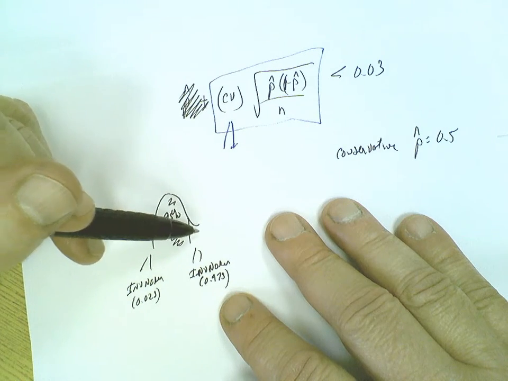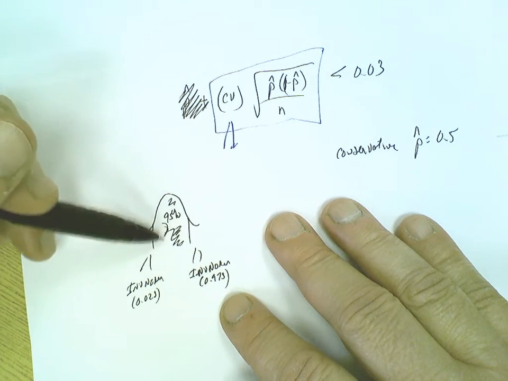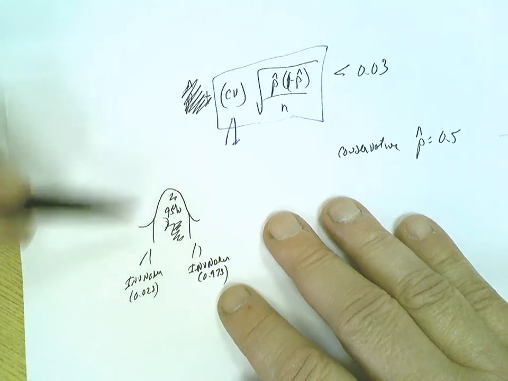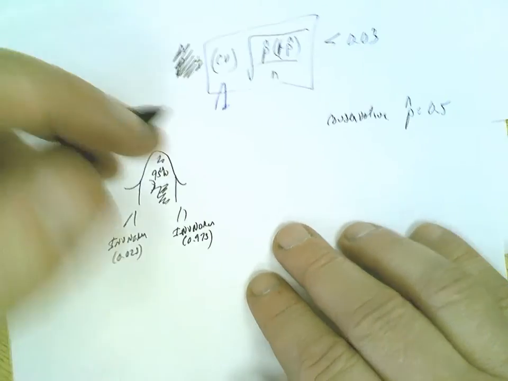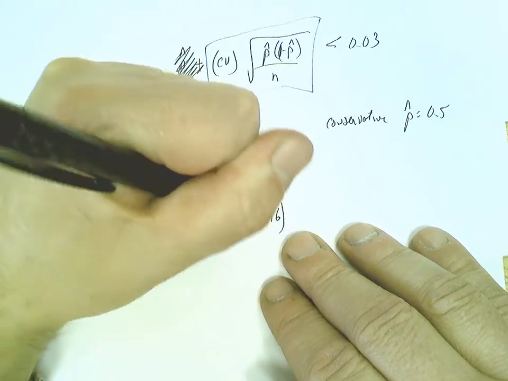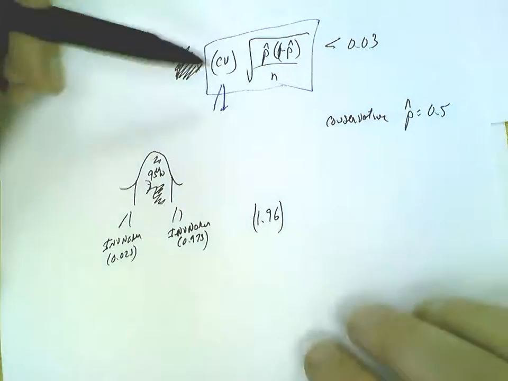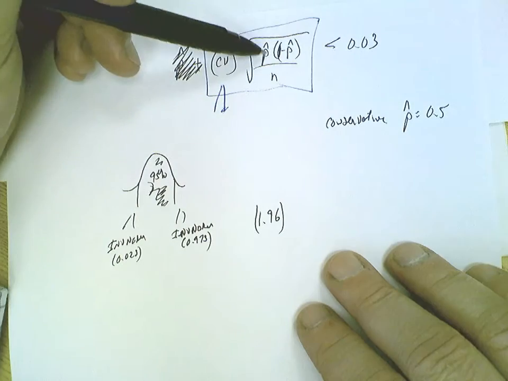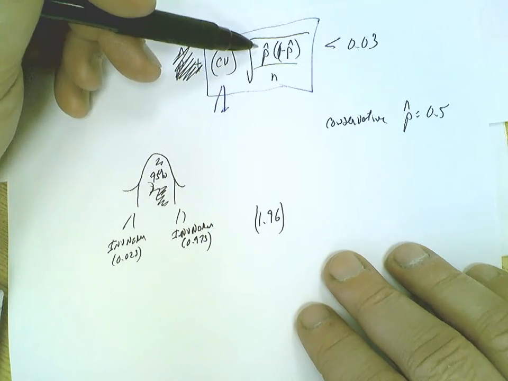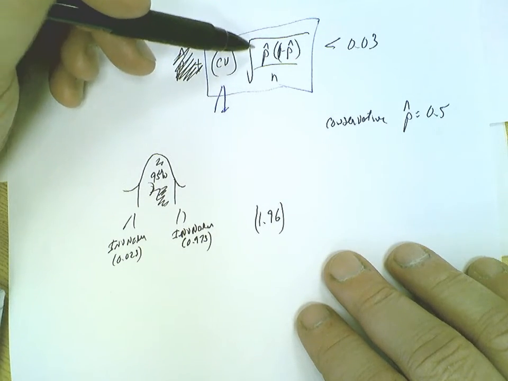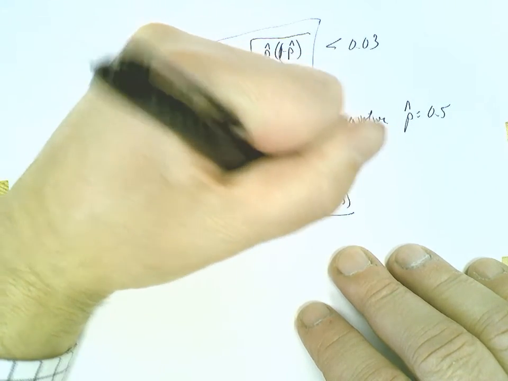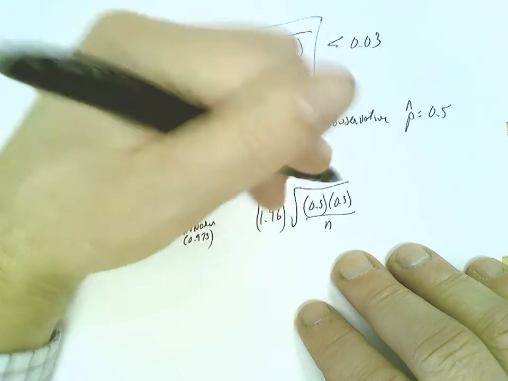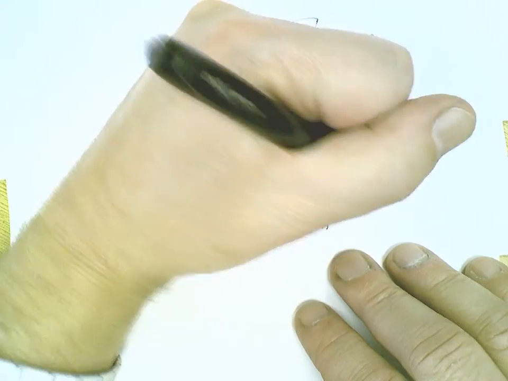Well, 2.5% over here, 2.5% over there, 95% hanging right in here. Those inverse normal values map perfectly to my critical value, and that turns out to be 1.96. So I want to make 1.96, and we'll substitute our worst case scenario for making this standard error as big as possible: the square root of 0.5 times 0.5 over n, and I want that to be less than 0.03.